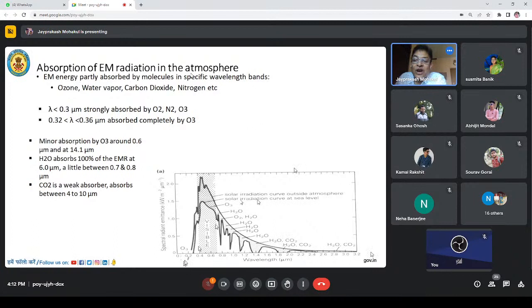This is solar irradiation, meaning how much energy comes to the top of the atmosphere, right? Understood? At the top of the atmosphere you don't have much gamma ray and all those coming here, right? The majority of the visible range light comes to the top of the atmosphere, right?